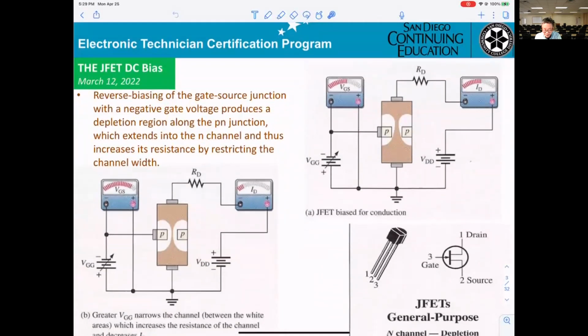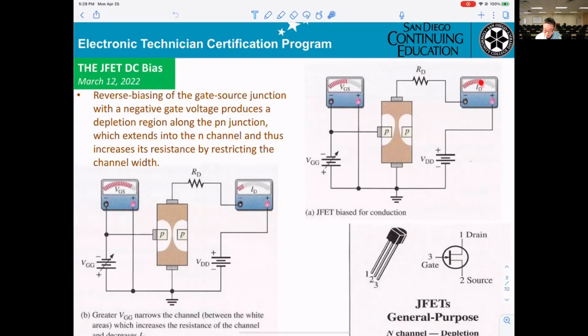Okay. On this one, they're just telling you one thing. When you make the VGS more negative, the current they measure will be less. The channel goes from the drain to the source. When the channel is wider, more electrons are moving, so you get more current. And if you look at the second one here, they reduce the negative VGS.